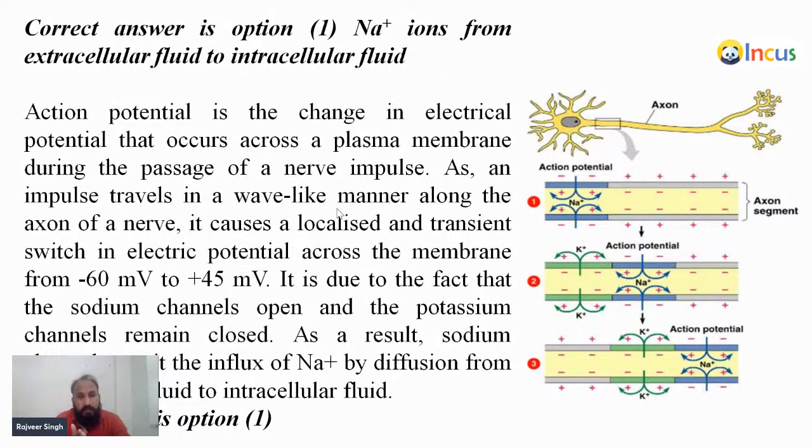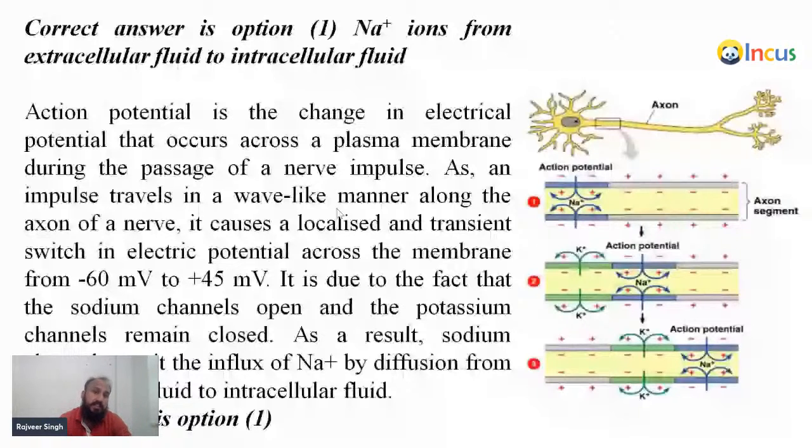This change from minus 60 millivolt to plus 45 millivolt is due to the fact that the sodium channel opens and the potassium channel remains closed. As a result, the sodium channel permits the influx of sodium ion by diffusion from the extracellular fluid to the intracellular fluid. So that is why we have chosen the first option. I hope you understand why we chose the first option.